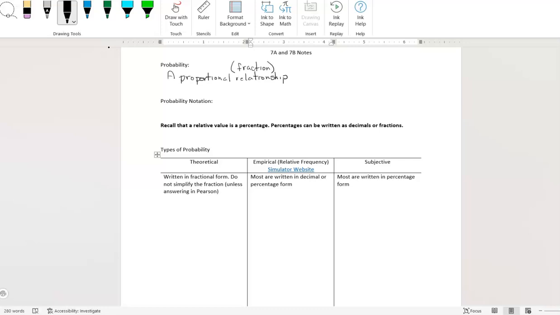So a proportional relationship between the number of times an event occurs, the number of times that event happens over or versus or against the total possibilities or the total number of outcomes, number of possible outcomes.